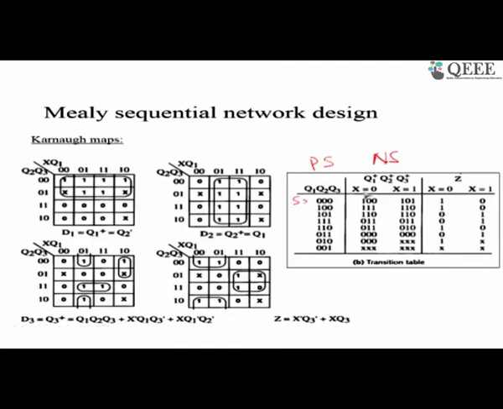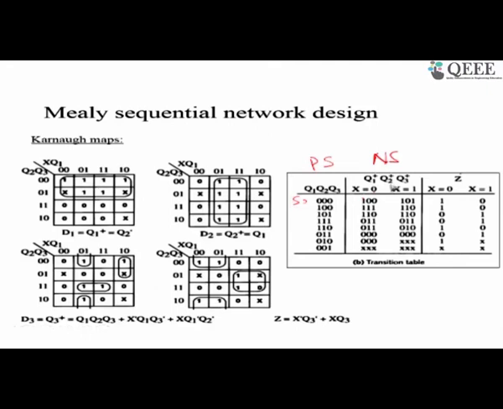For example, when X is 0, Q1 is 0, Q2 is 0, Q3 is 0, this is what represents. So find the corresponding value of Q1 plus and fill it here. In a similar manner, for every combination you have to find and fill this Q1 plus.